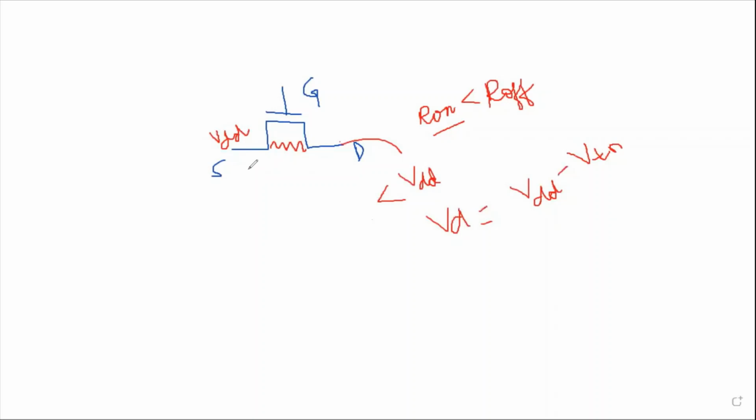So we see that though it is passing 1, my VDD, which is equivalent to logic 1, is not fully received as logic 1 at VDD, but it is having a voltage value at the output which is slightly less than VDD.